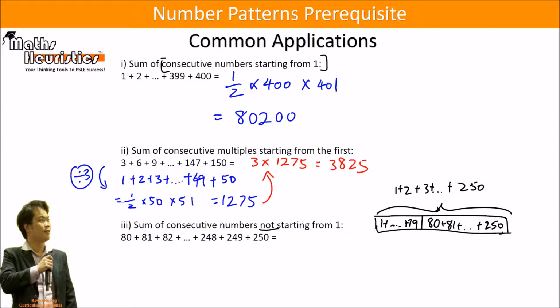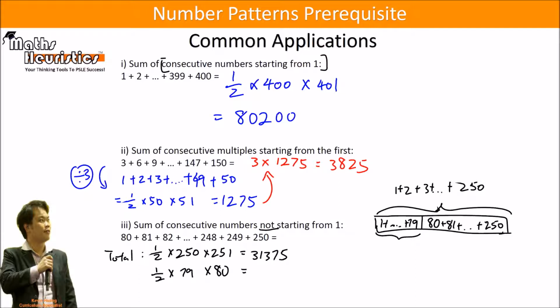The total here is half times 250 times 251. That will give me 31375. Then this tail, 1 plus 2 plus 3 all the way up to 79, will be half times 79 times 80.